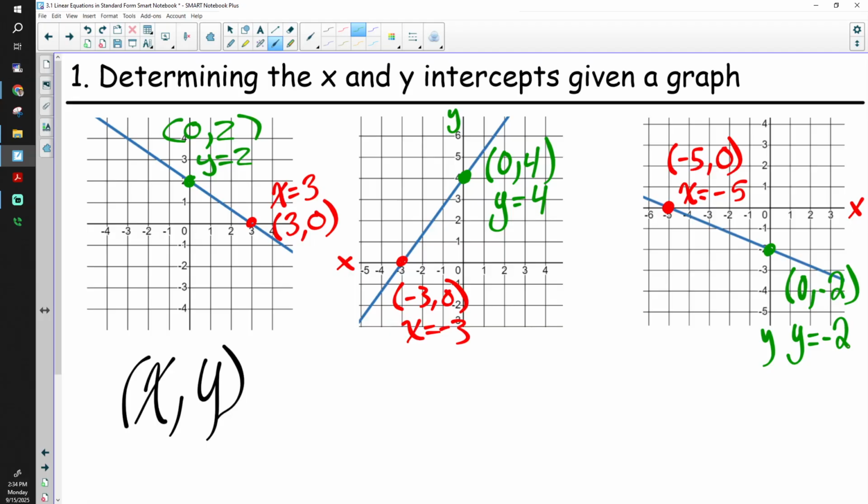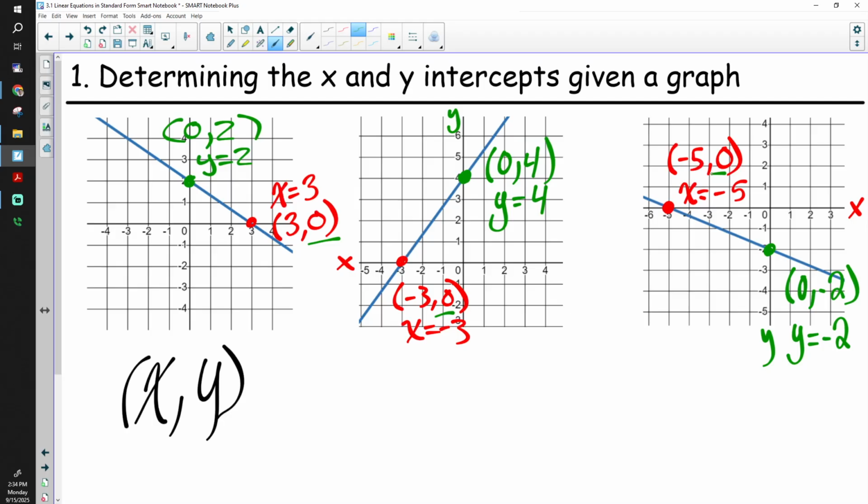Now, before we go on to the next slide, I want you to look at all the red x-intercepts. What do they all have in common? They all have 0 for the last number. Which is the x or the y? The y.